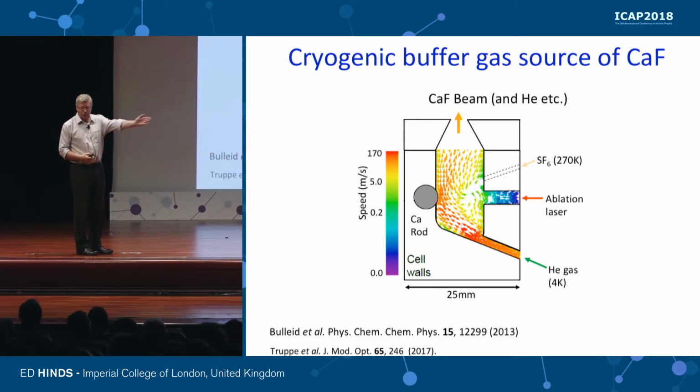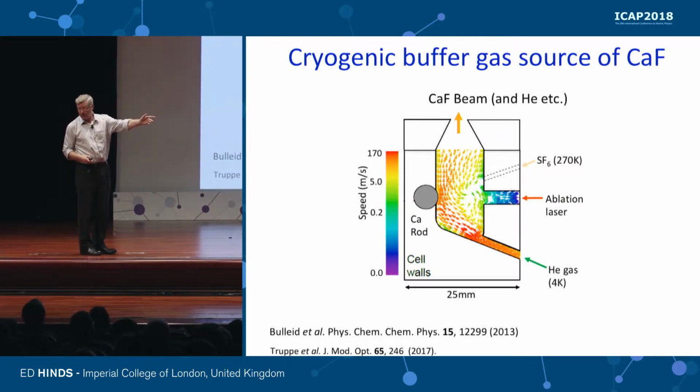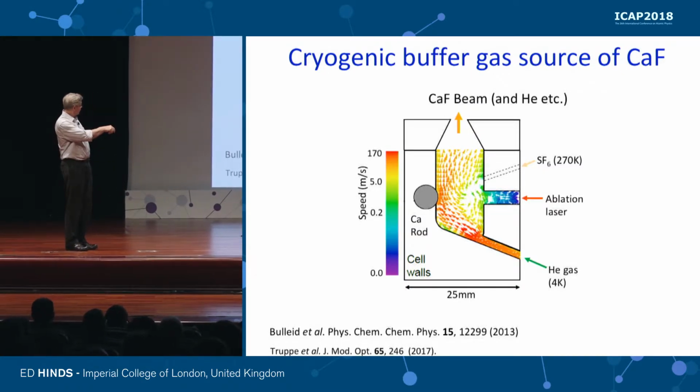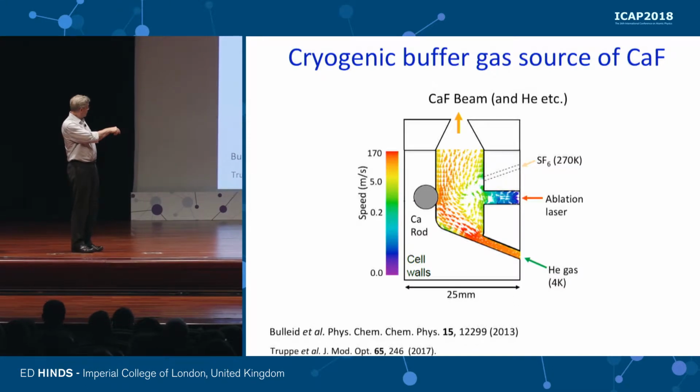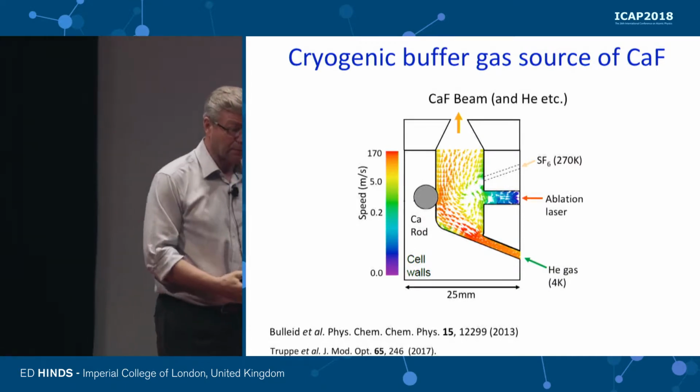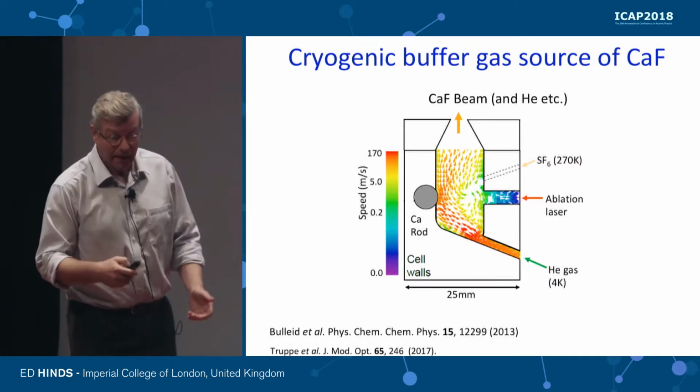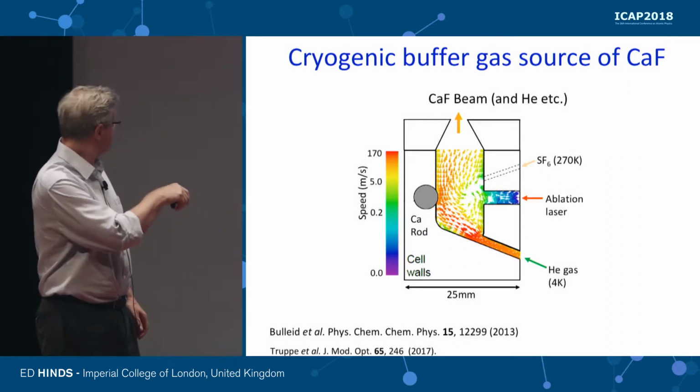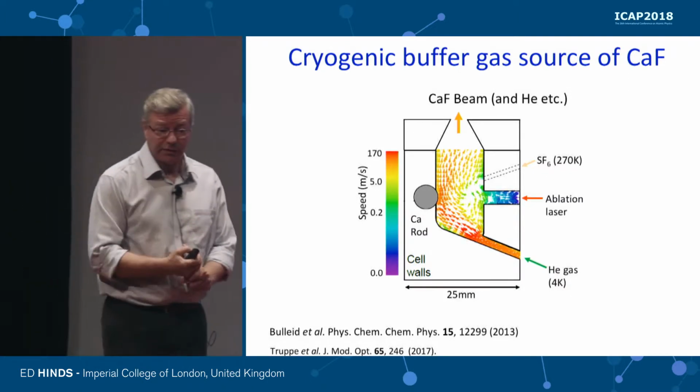So a hot plume of stuff comes out, including calcium. And then coming down this tube, we have sulfur hexafluoride, which contains fluorine. So all of this mixes and cools, and by the miracle of chemistry, out comes calcium fluoride in a beam.